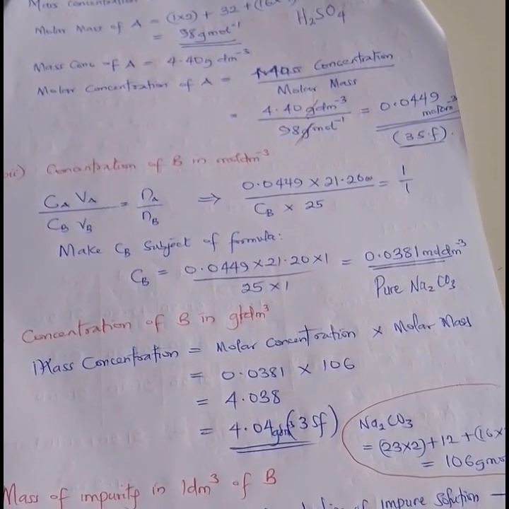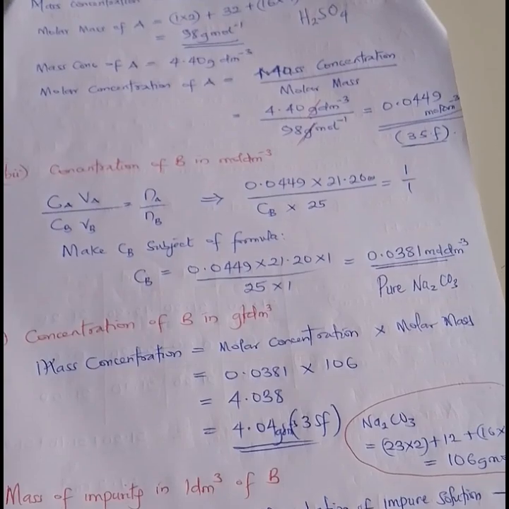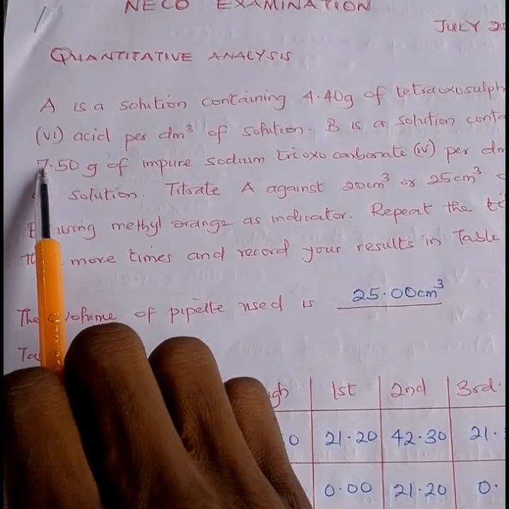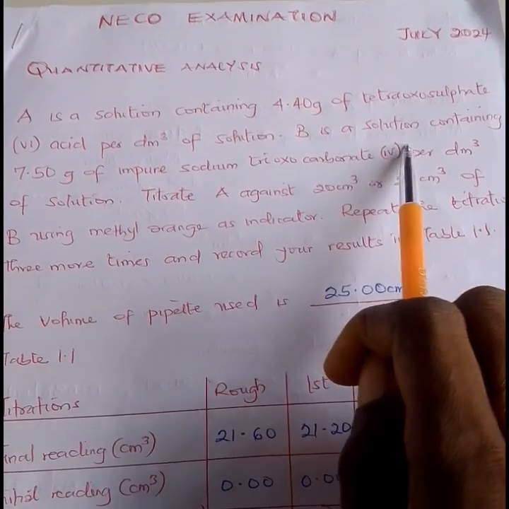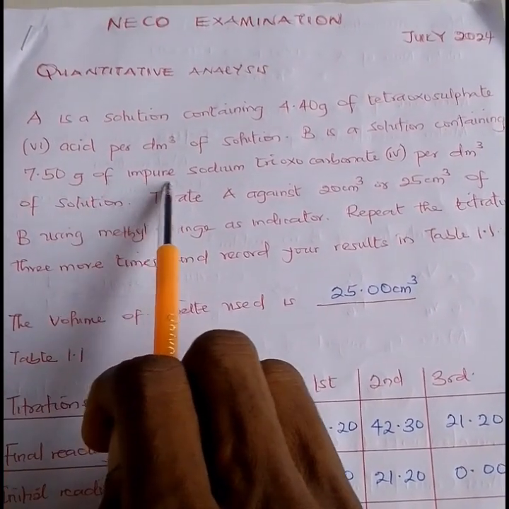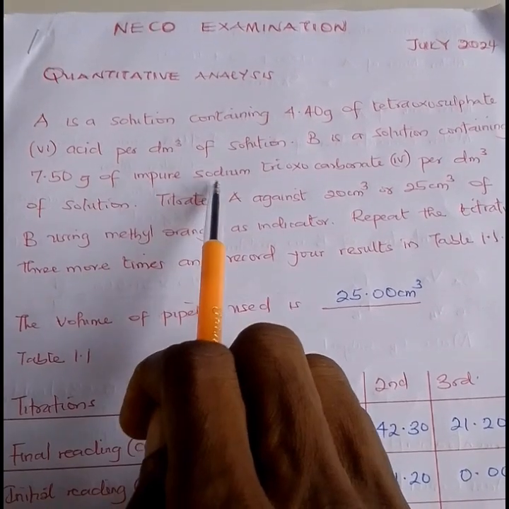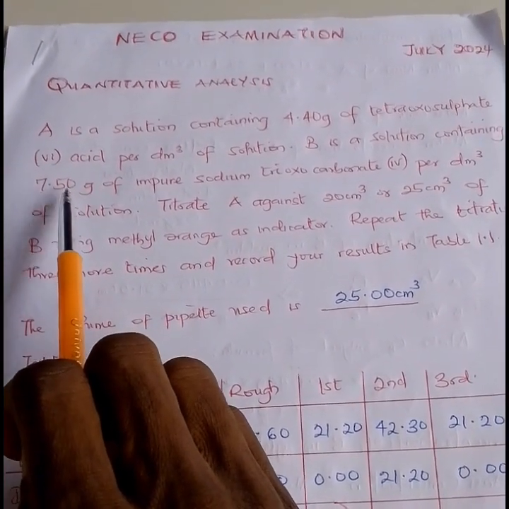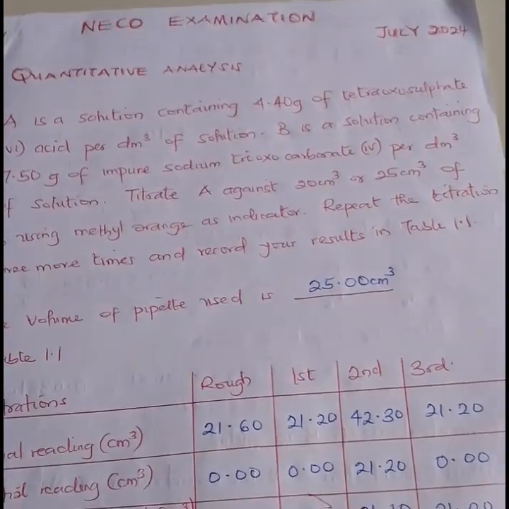Now 7.50 grams per dm cube is the mass of the impure. It is given in the question. Look at it here. They said B is a solution containing 7.50 grams of impure. So the mass of the impure sodium trioxocarbonate is 7.50. So we're going to subtract the pure from this value.